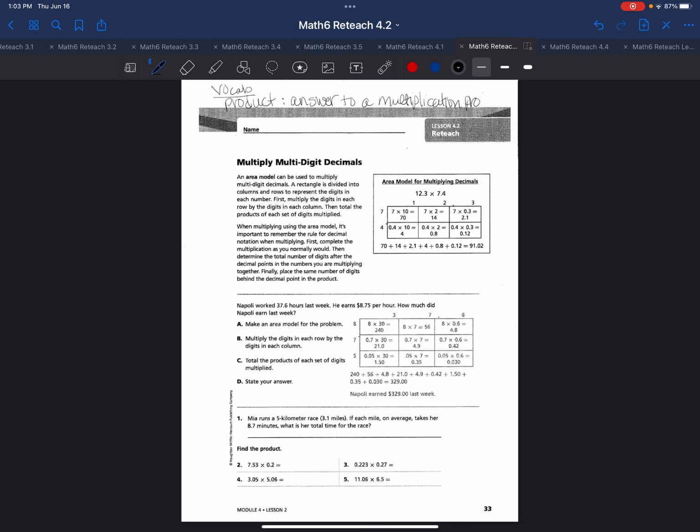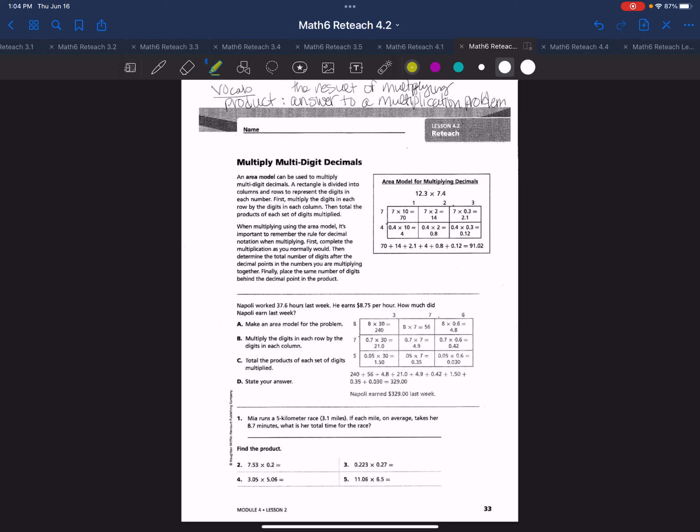You can also look at it as the result of multiplying. So when it gives the steps, it's going to talk about the product because we're multiplying two decimals here.